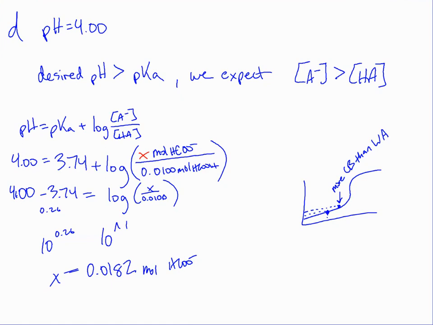It specifies concentrations, but if they're in the same container, in the same solution, then their volumes would both be the same. So we're probably talking about adding a solid sodium formate to this, and they're both in this 100 milliliter solution. And that's how you can get away with using moles instead of concentration.